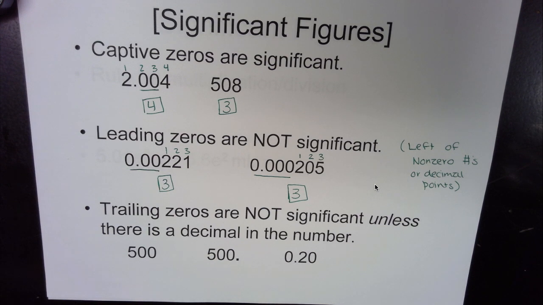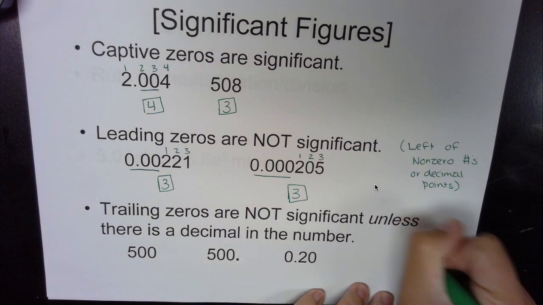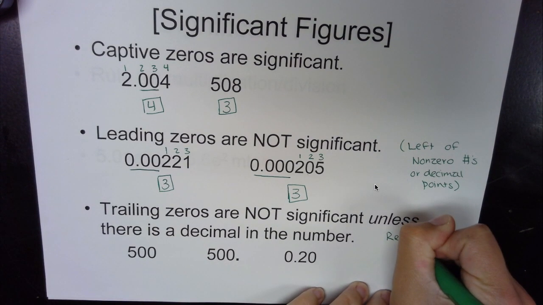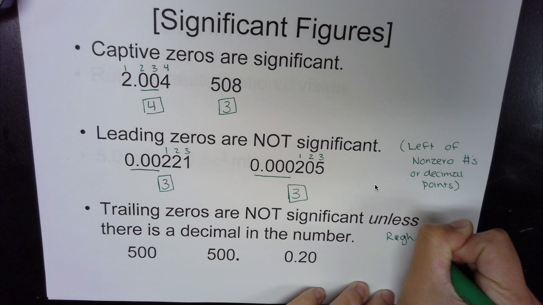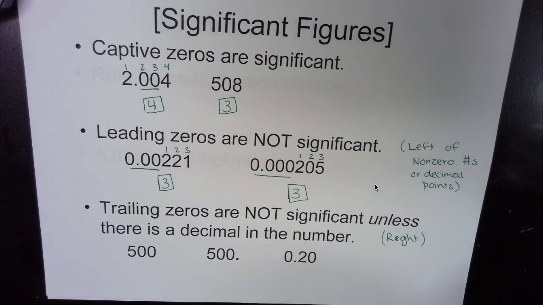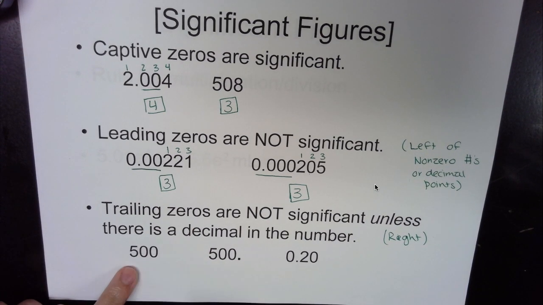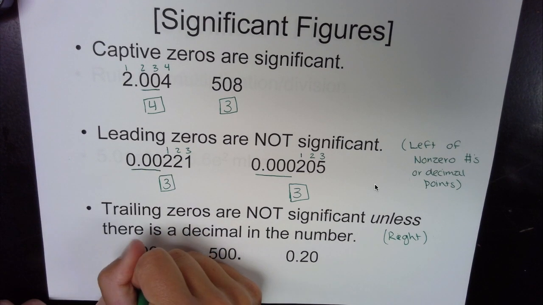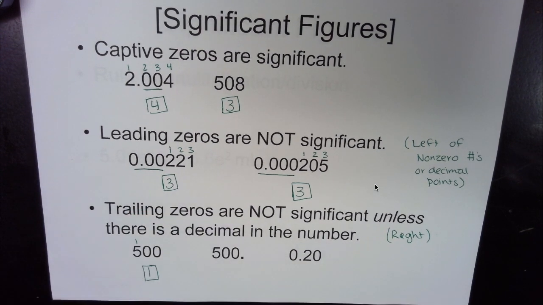Lastly, trailing zeros are not significant unless there is a decimal in the number. So these are to the right of non-zero numbers or decimal points. So if we look at this one, this has 2 trailing zeros, but there's no decimal point. So we only have 1 significant figure, which is the 5.